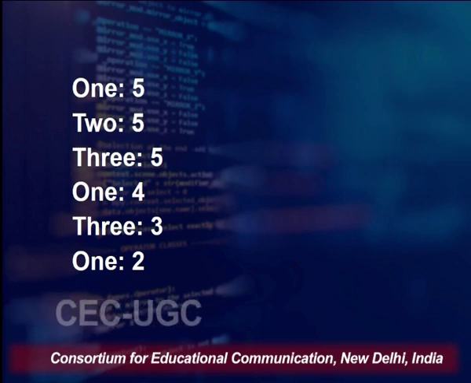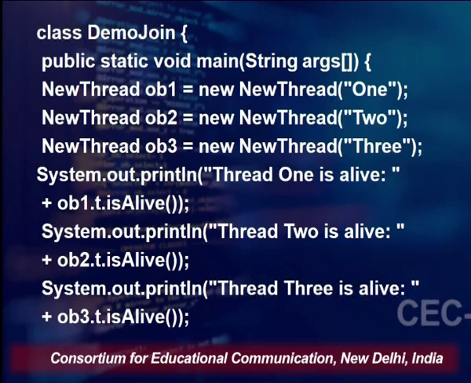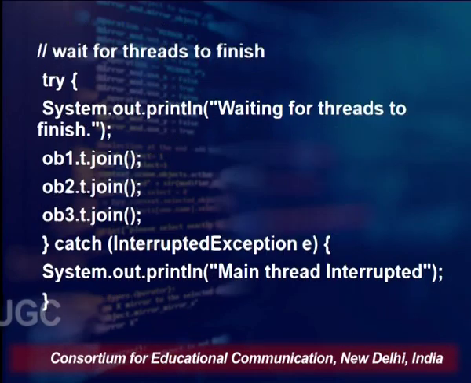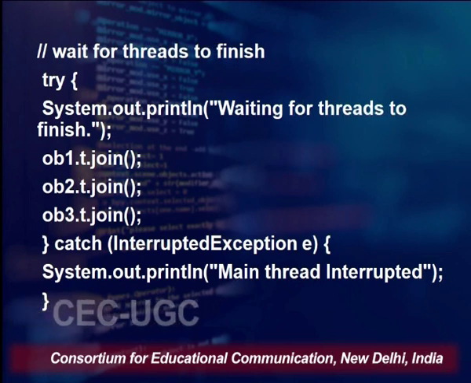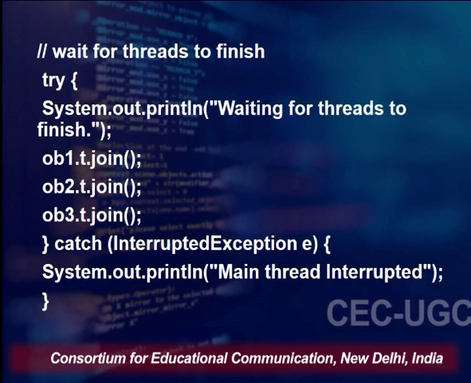Before finishing the program, we have used our isAlive method twice. One is right after we created the threads, calling isAlive for all three threads. Then we waited for them to finish using join.